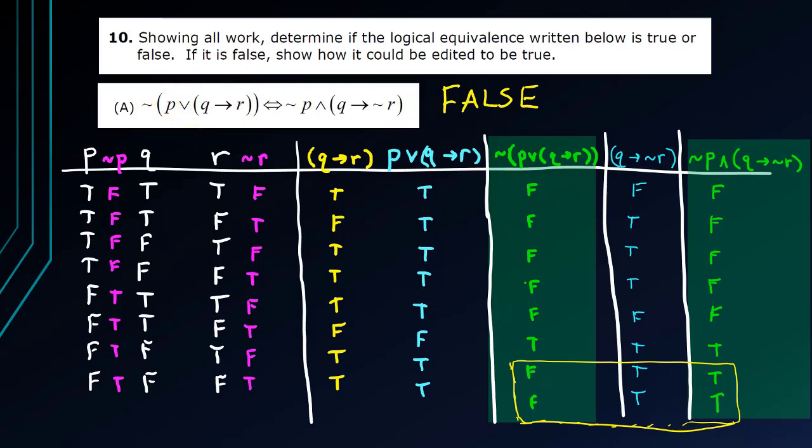Generally, you'd be looking to see if you could just change one of the symbols, or maybe move the parentheses, or change this arrow to maybe an or statement or an and statement or a biconditional statement, something like that. You're looking to find the minimum number of changes, but there is sometimes going to be more than one possibility. So keep that in mind.